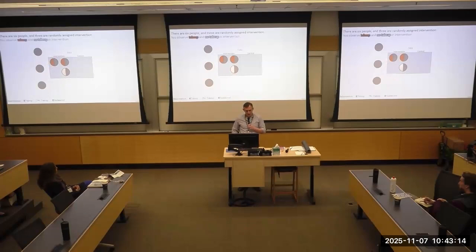So suppose we took these 3 people and we put them in the treatment group. That's just one way that the randomization could have occurred. We would have flipped a coin, heads would have gone to the left, and this is one way for those 6 coin flips to go. Now they are in the treatment group, so what we see for them in the data is the left side of their circle. Orange means take up. In the IV interpretation, that would mean I comply with the instrument and I do the treatment.